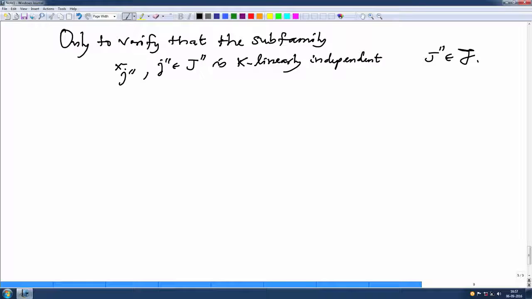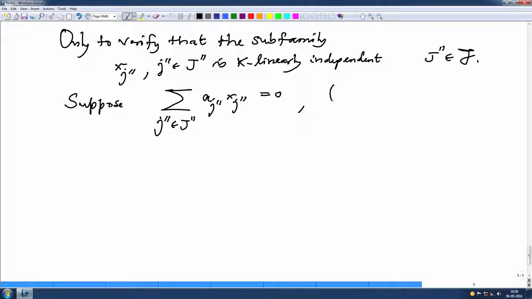Okay, so what does that mean? That means if you have a linear dependence relation, then all coefficients are 0. So suppose you have a dependence relation like this: the sum of a_j x_j is 0, where the sum is varying over j in J double prime, and obviously the tuple (a_j) is in K upper bracket J double prime.